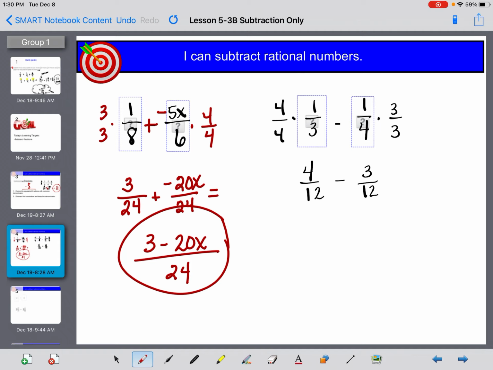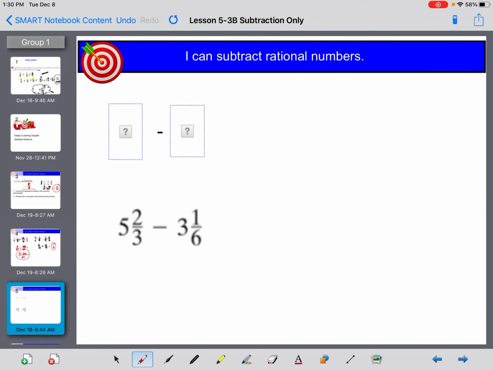Okay, now 4/12 minus 3/12. Because my first number is bigger, it's easy for me just to say 4 minus 3 is 1/12. If you're somebody who likes to convert all subtraction to adding the opposite, you'll see that 4 plus -3 is still 1, and then you keep the denominator the same, 1/12.